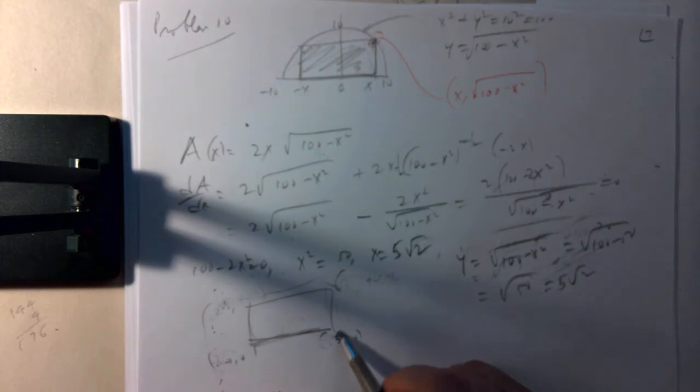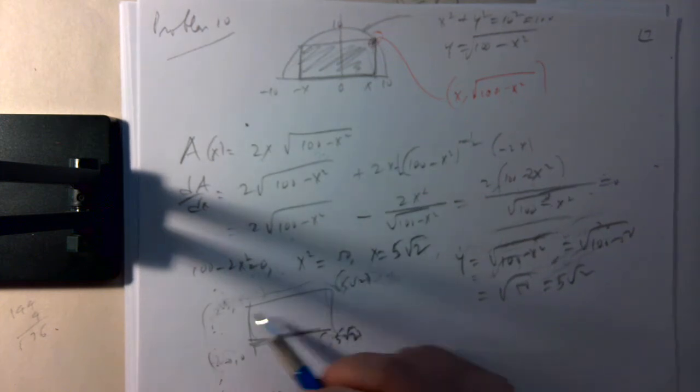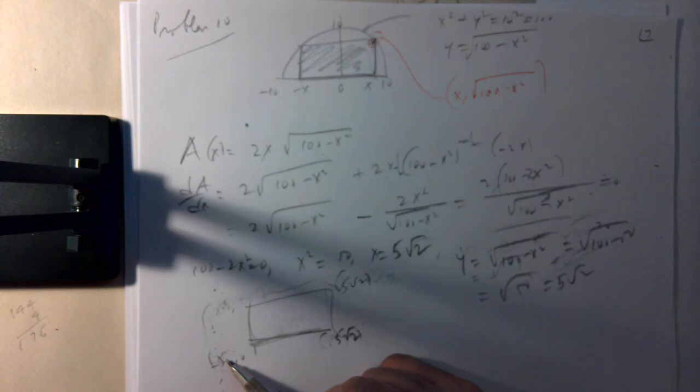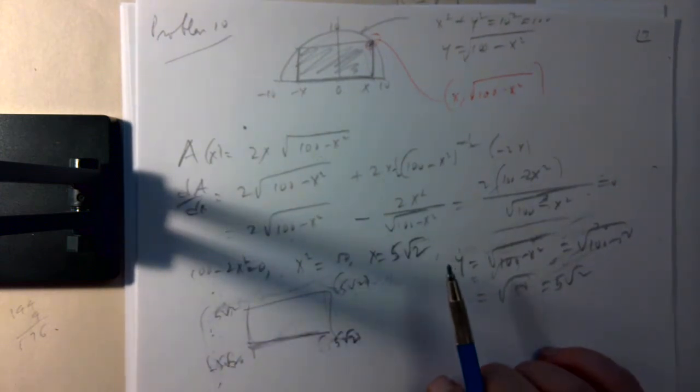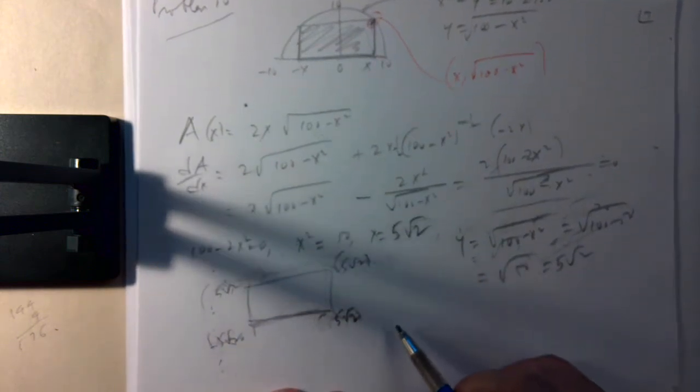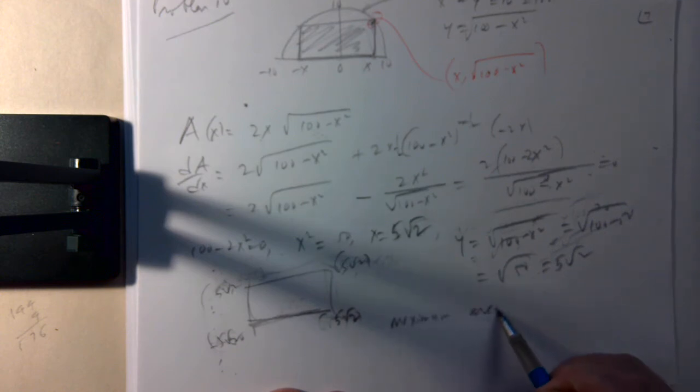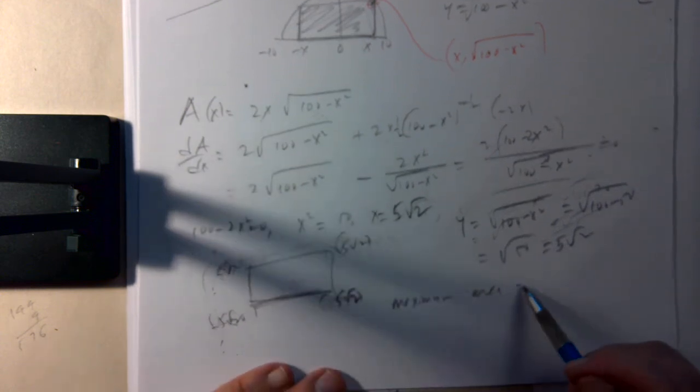So x is 5 root 2, and this height is 5 root 2, and this is minus 5 root 2, and then this is 5 root 2. So, and this maximum area, if we're interested, is the base times the height.